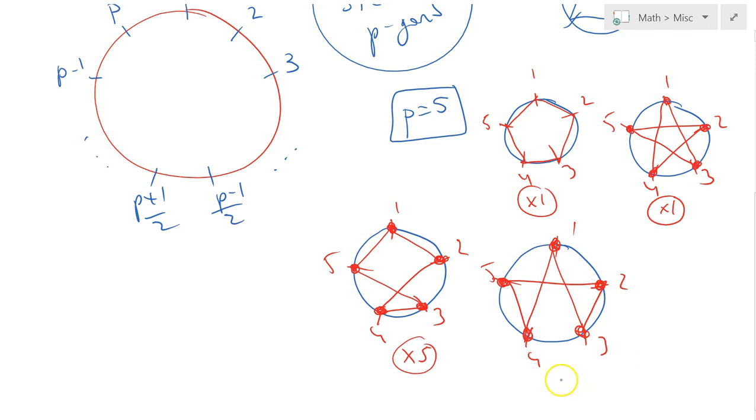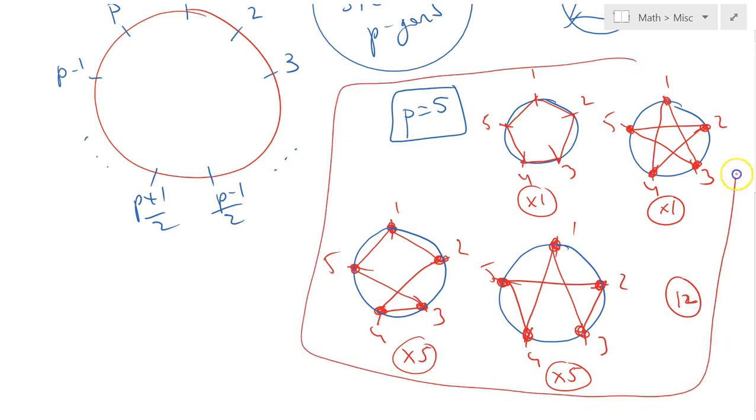And then again, you can rotate it in 5 different ways. Consider only up to rotations. Actually, it doesn't matter, you can reflect it too if you want to. But the idea is clear. So in total, we have 1 plus 1 plus 5 plus 5, 12 different ways to draw the case for p equal to 5.